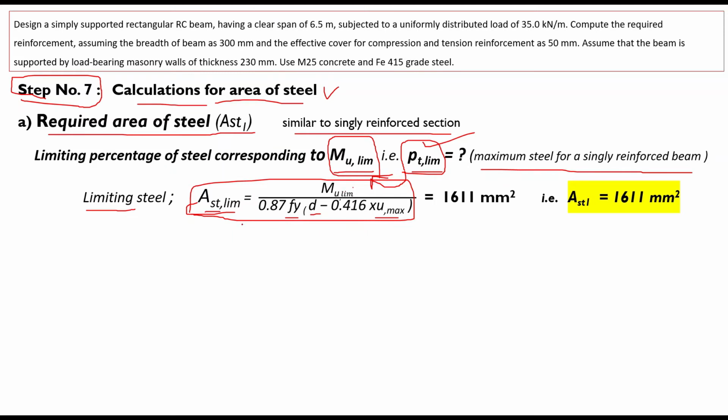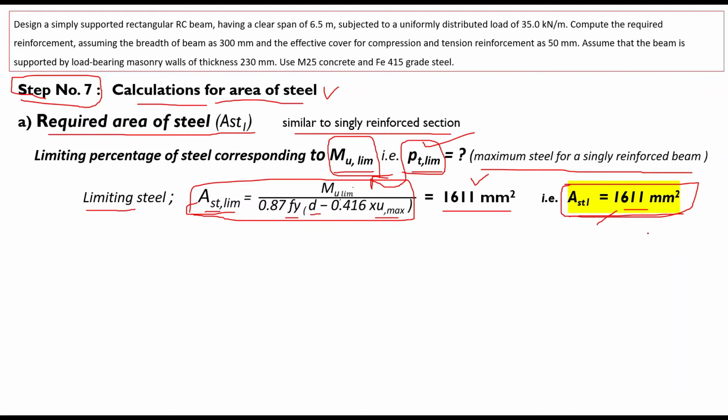So after doing the calculation, we get AST limited equal to 1611 millimeter square. This is the maximum steel which we can provide in a singly reinforced section. You can't go beyond this steel. This is the maximum value, 1611 millimeter square.